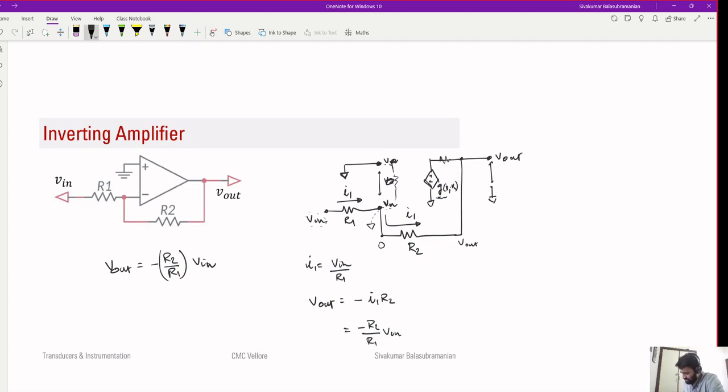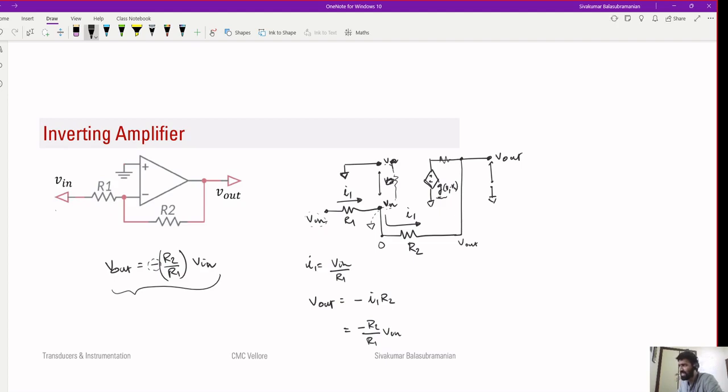So here, this is called the inverting amplifier because of this negative sign. Whatever voltage you apply here is amplified, but it is also negated. The output comes out with the opposite sign of whatever is applied here. And unlike the previous one, this can act as both an amplifier and an attenuator.